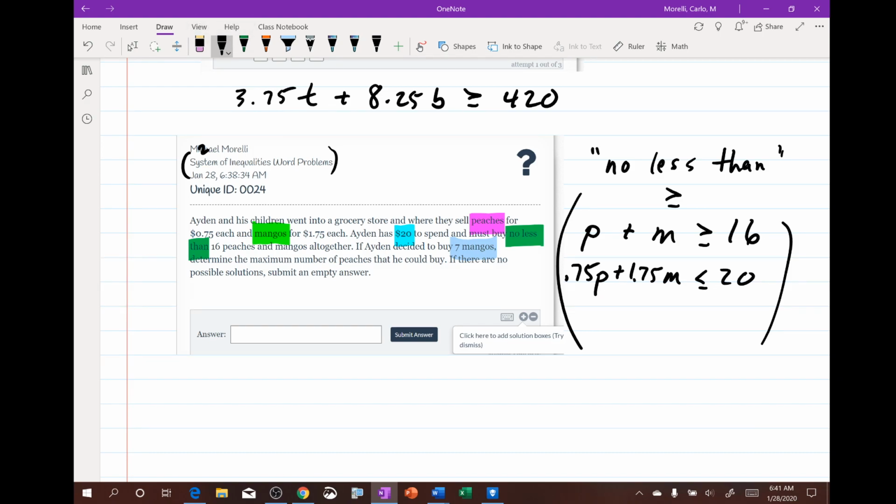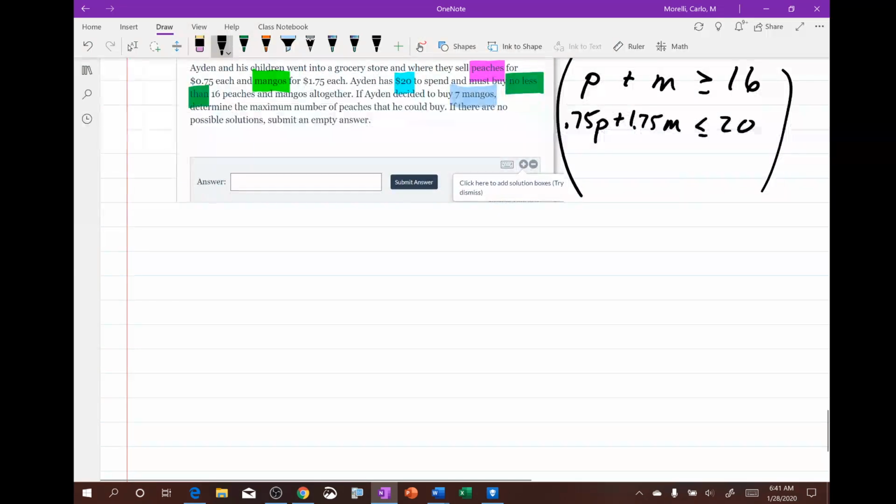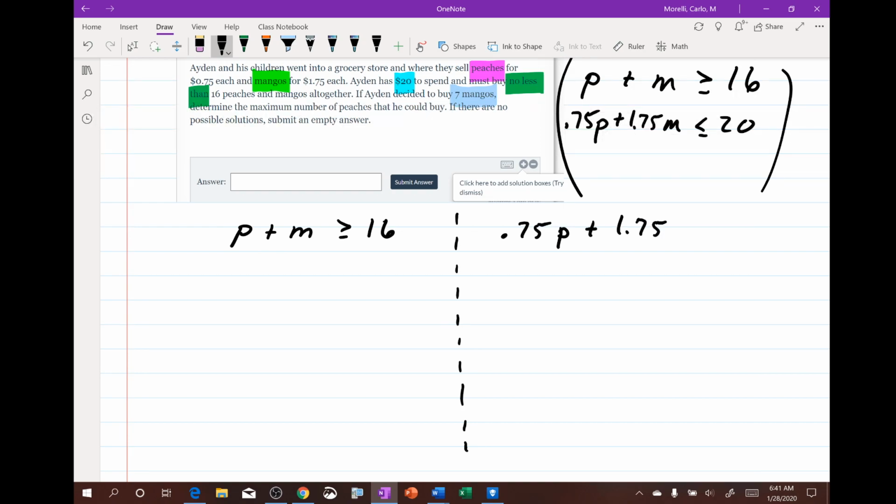So what you have to do with this, once you get your 2 equations set up, is you have to split your paper like this, and then put one of the inequalities here, P plus M greater than or equal to 16. And then on the right side, put the other one, 0.75P plus 1.75M less than or equal to 20. And they give us M, all right? So they give us the mangoes.